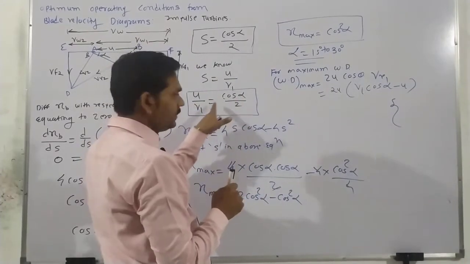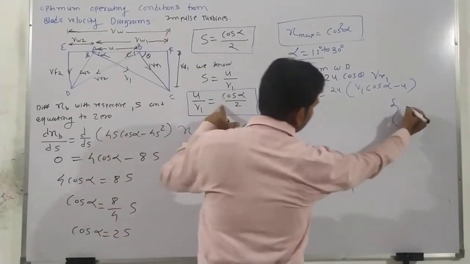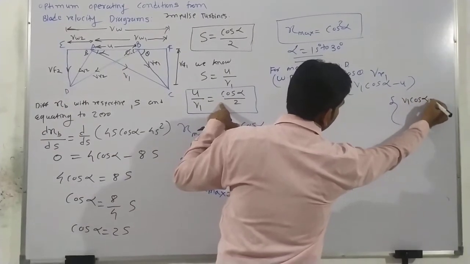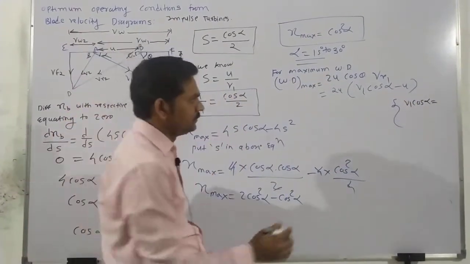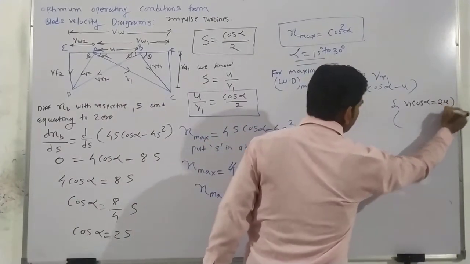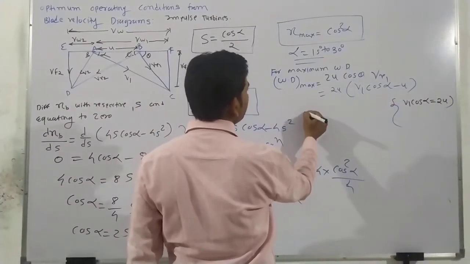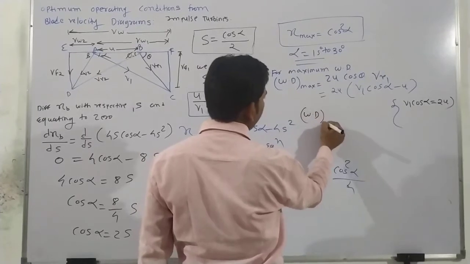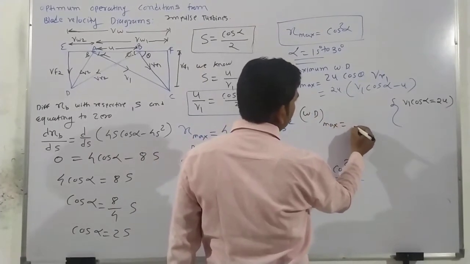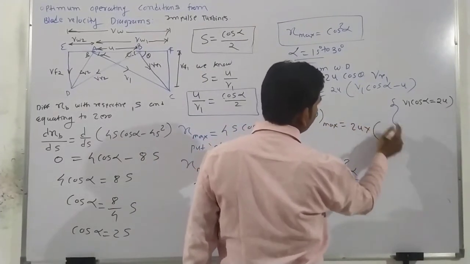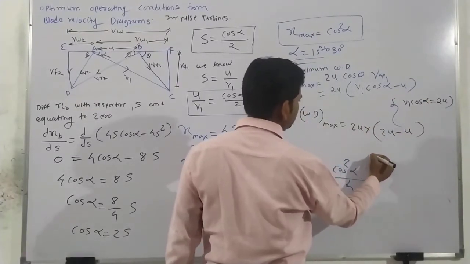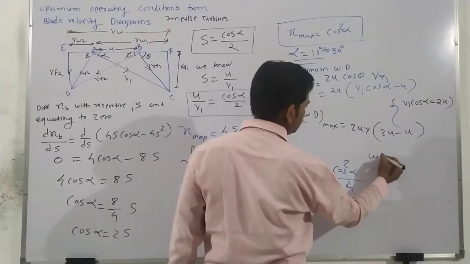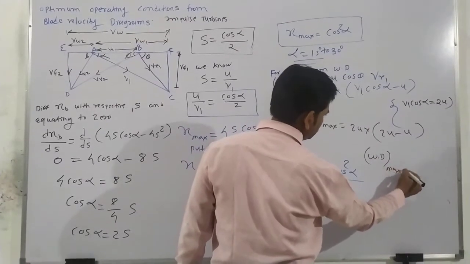From this, you see here, V1 cos alpha is nothing but, by cross multiplication, twice U. So this equation becomes W max equals twice U into V1 cos alpha replaced by twice U minus U. So what is remaining? Work done max is equal to U.